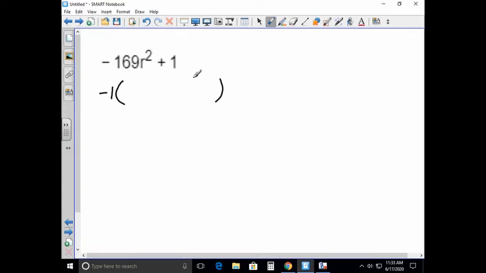So, for example, 169 divided by 1 is still 169. When we factor out a negative, it just changes the sign. 1 goes into 1 one time, but if we factor a negative, it changes the sign. Notice if we were to distribute that negative, we would get these signs. So now on the inside of that parenthesis, that's the difference of squares.